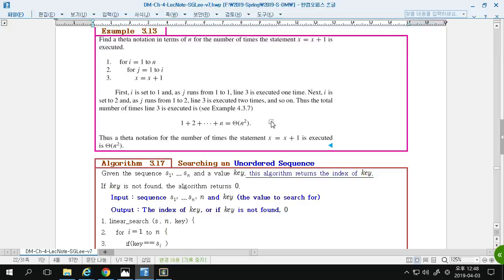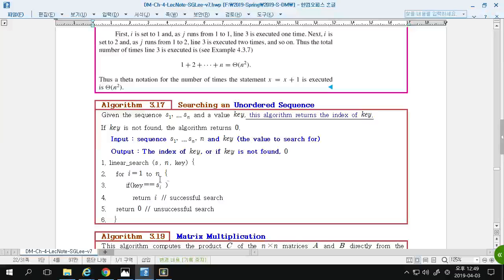So with the while loop, the total number of times the line is executed is like this. So the iterations that we have made is theta of n cubed. So the theta notation for the number of times the statement x equals x plus 1 is executed is theta of n cubed.